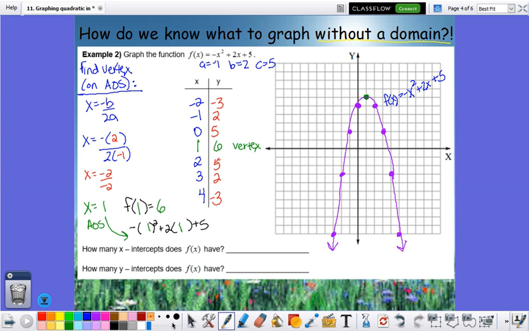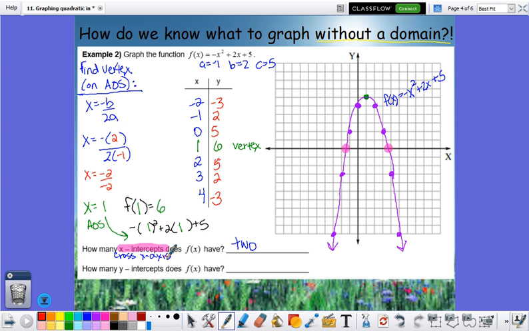Now this graph has two x-intercepts. My x-intercepts, again, are where we cross the x-axis. Look for them, and we're going to identify them. They're here and here. It just asks how many. There are two. And I can't state exactly where they are because they seem to be fractional or decimals.